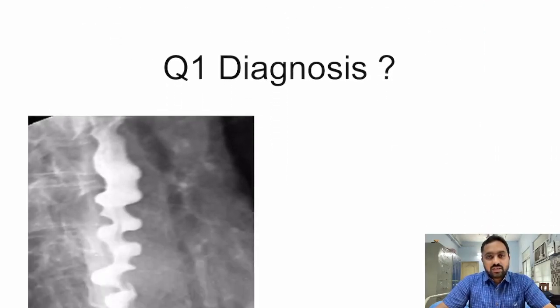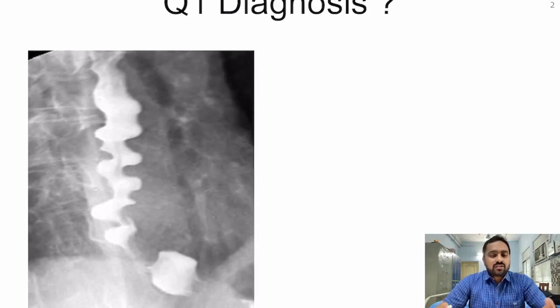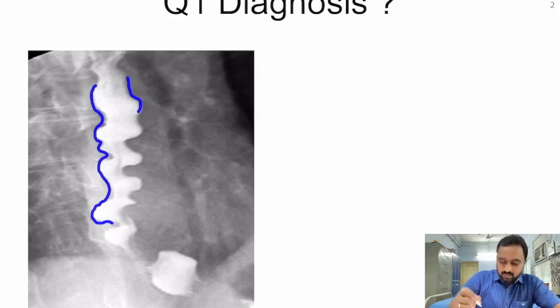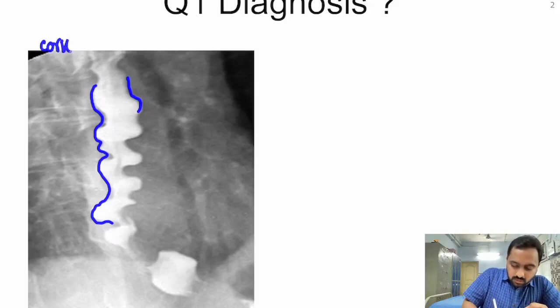So you have on your screen your first image where you were asked about the diagnosis. As we all know, this is an image of an esophagus where you can see the corkscrew appearance of the esophagus, right? So this is a corkscrew esophagus.